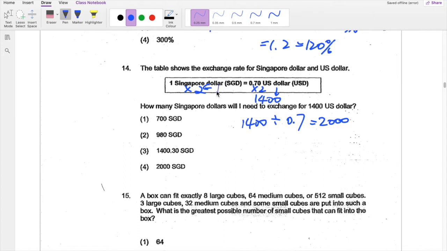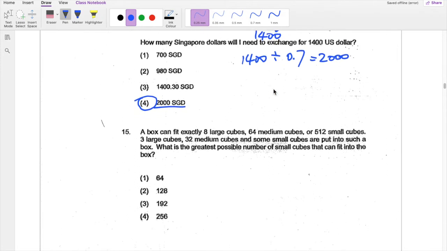So for the Singapore dollar, we also need to times 2,000, right? 1 times 2,000 is 2,000. So we need to use 2,000 Singapore dollars in order to exchange 140 US dollars, right? Because we know that the US dollar is a bit more expensive than the Singapore dollar. So we need to use more Singapore dollars in order to exchange the US dollars.